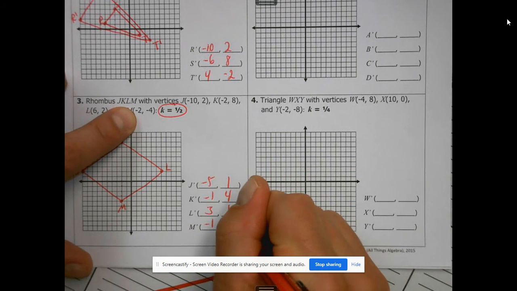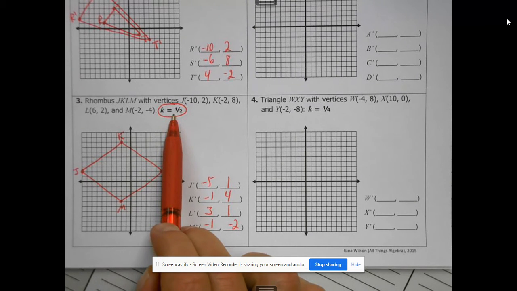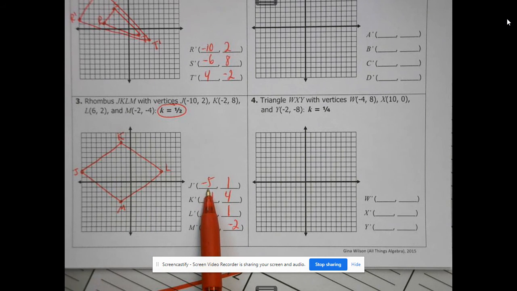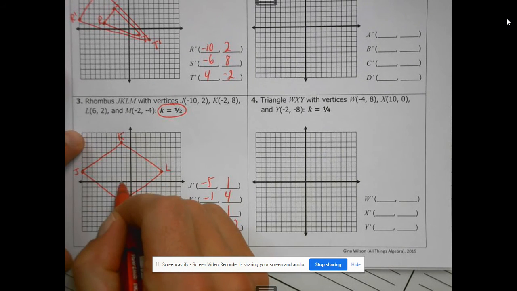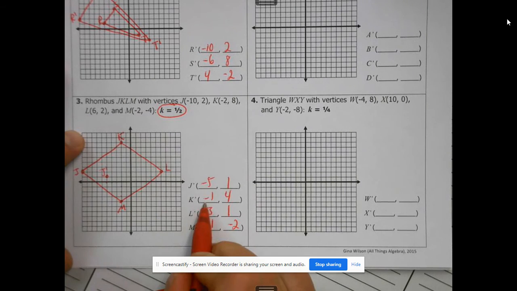Negative 1, negative 2. Now, since this is a reduction, the new quadrilateral should be inside of here somewhere. So it's kind of like a little self-check. Let's graph the points. J prime, back 5, up 1. K prime, back 1, up 4.